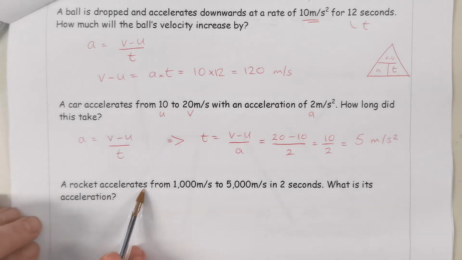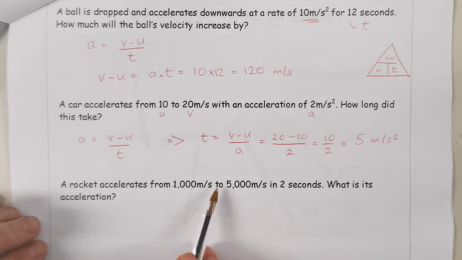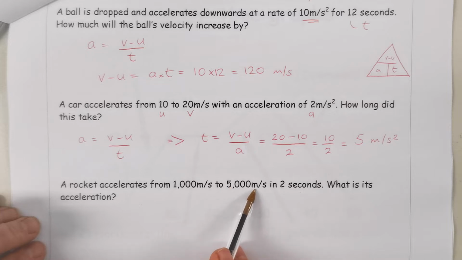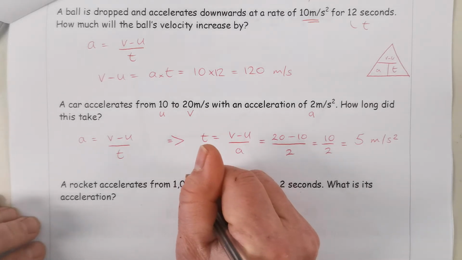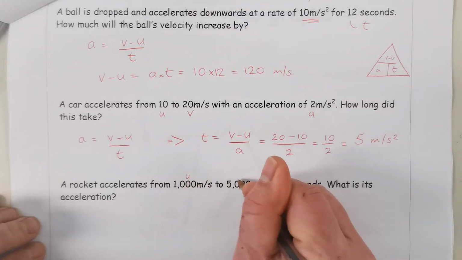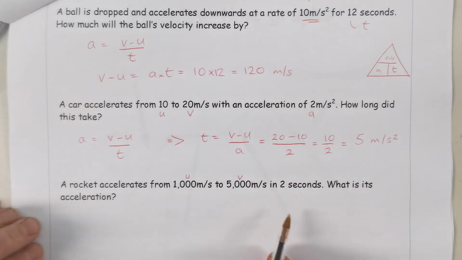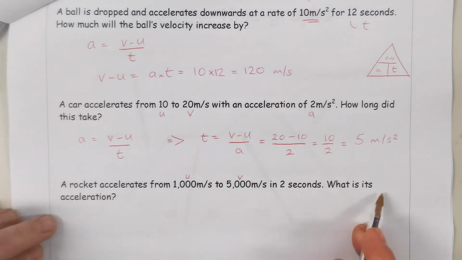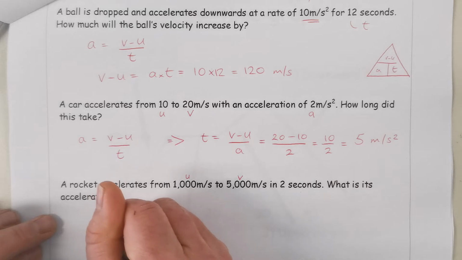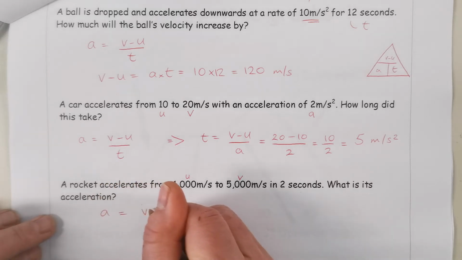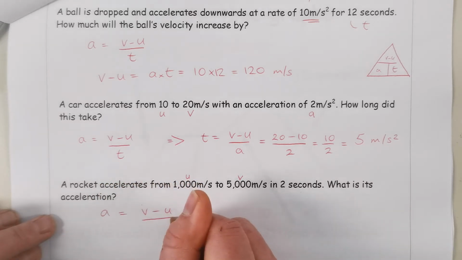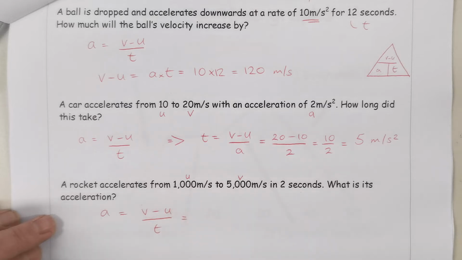A rocket accelerates from 1,000 meters per second to 5,000 meters per second. Well, that's U, that's V. In 2 seconds, what's its acceleration? A equals V minus U over T. What's V?